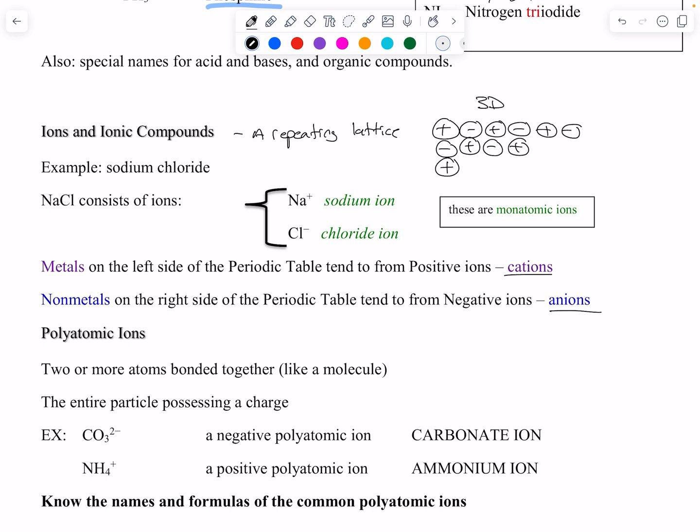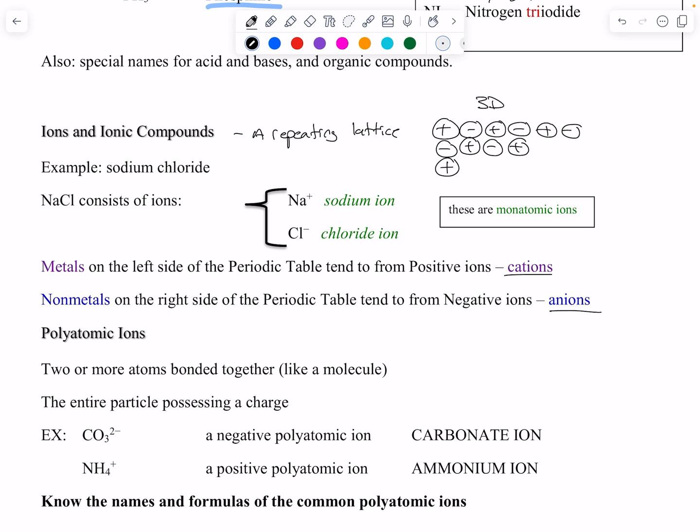It's just this ratio of cations to anions, these monatomic ions. Sodium is plus, a cation, and most metals are positive ions. The nonmetals on the right side tend to be negative, they're anions. So you have these positives and negatives in this array, this repeating pattern to the end of the sample.